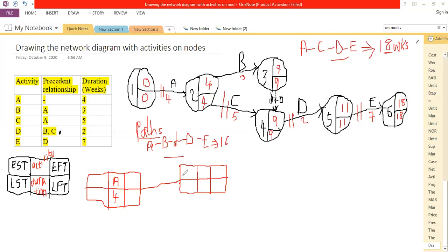I'm guided by the project, remember. The duration for activity B was 3 weeks. Then A was also a predecessor of activity C.